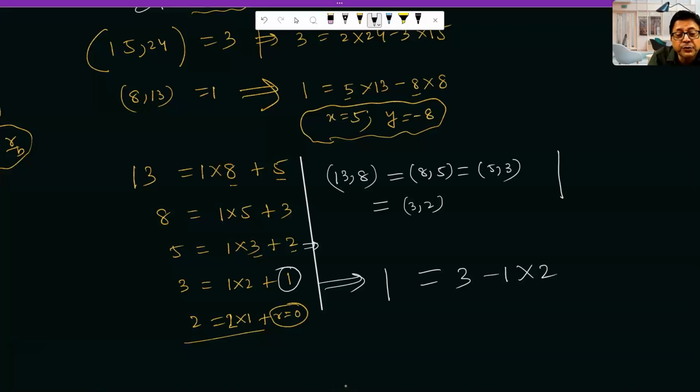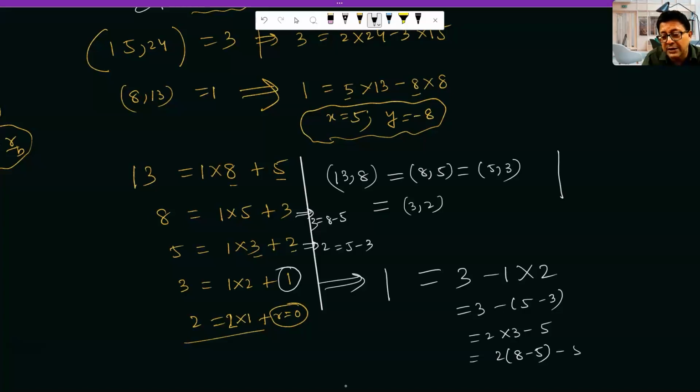From here you get 2. What is 2? 2 equals 5 minus 3. You substitute. 5 minus 3 is nothing but 2 into 3 minus 5. This 3 here is 8 minus 5. So you write 2 into (8 minus 5) minus 5. So this is going to be 2 into 8 minus 3 into 5.